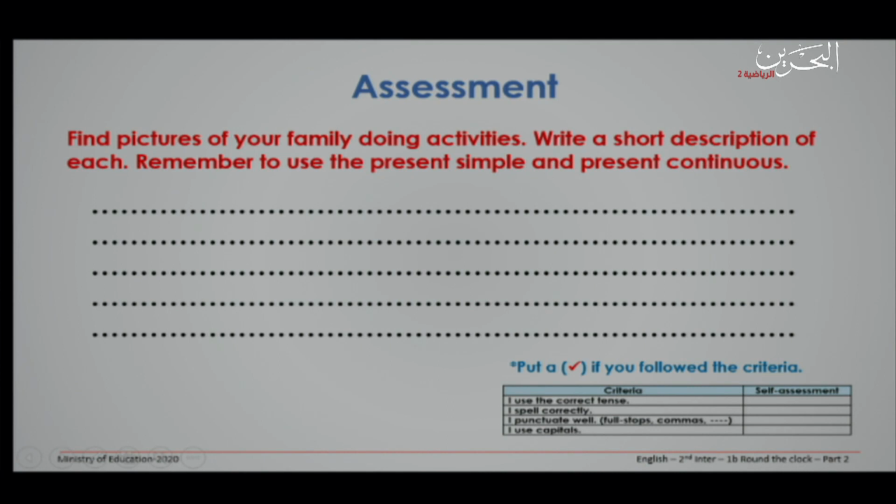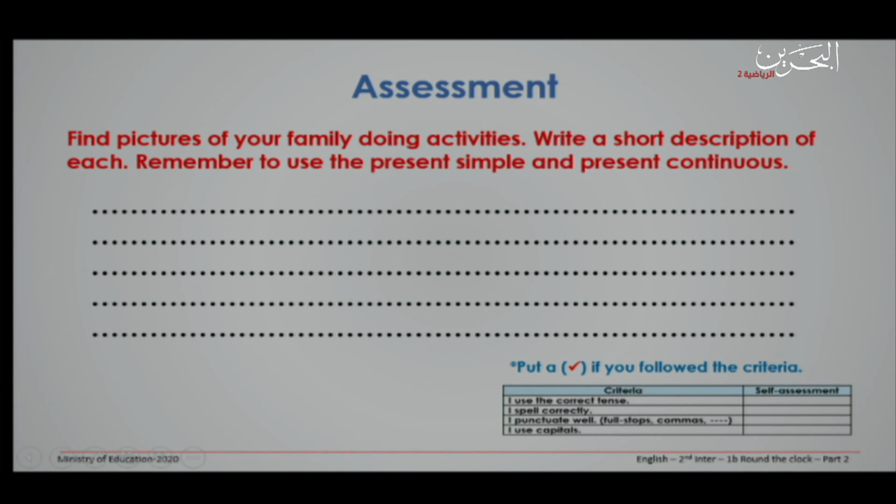For this task, in order to be successful, you have to use the correct tense, whether it is present simple or present continuous, correctly. You should also spell correctly and punctuate well. In that case, bear in mind the correct use of full stops, commas, and other punctuation.